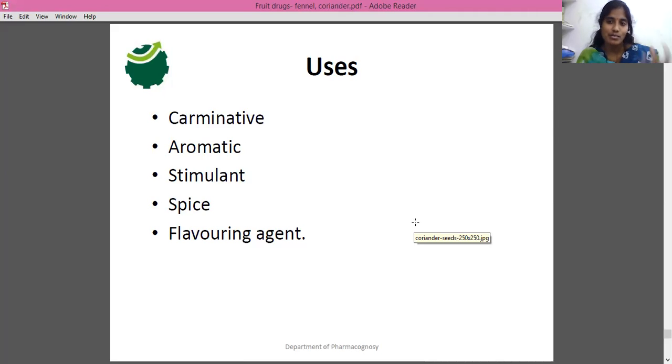So the major use is as a spice. But coming to other medicinal uses, coriander fruits and seeds are used in the treatment of various urinary tract disorders, urinary tract infections. They are good for the kidney. The coriander leaves, fruits, the entire plant is helpful for kidney health.